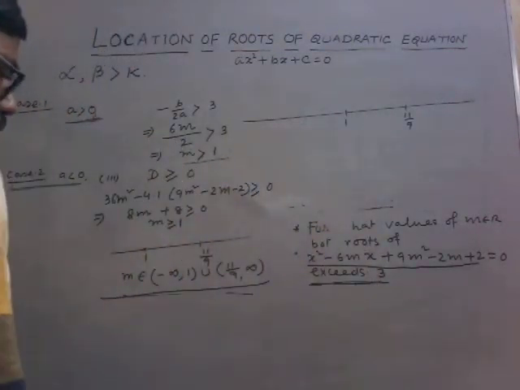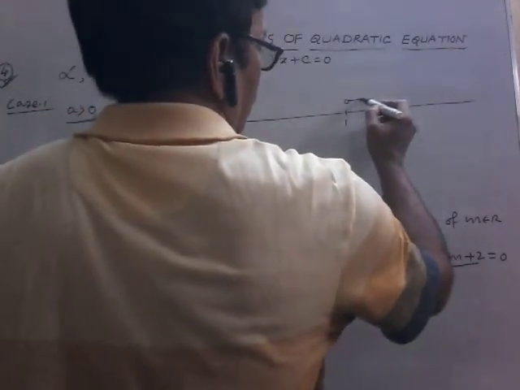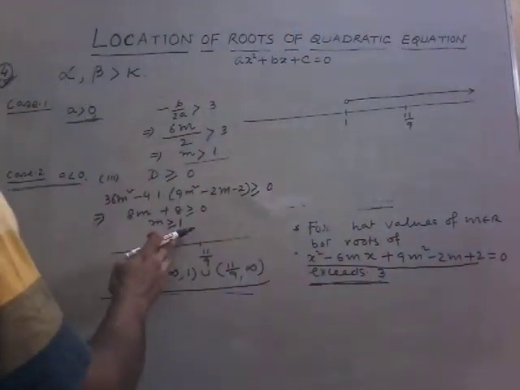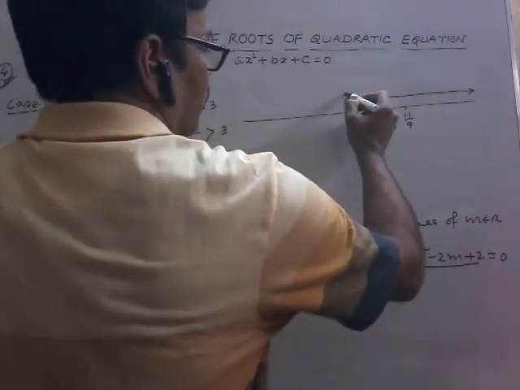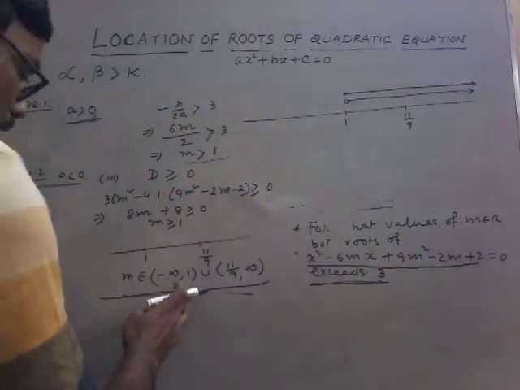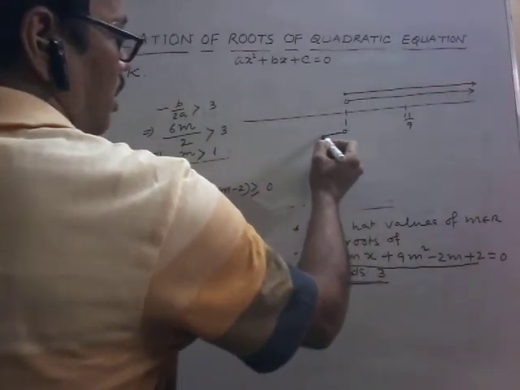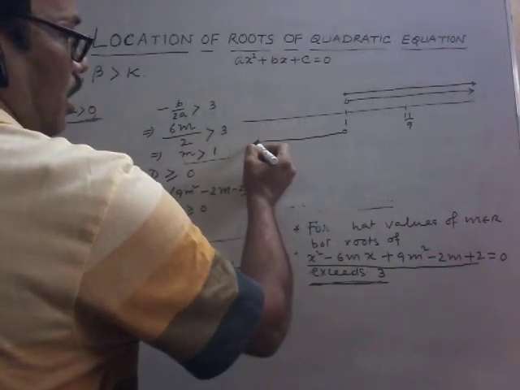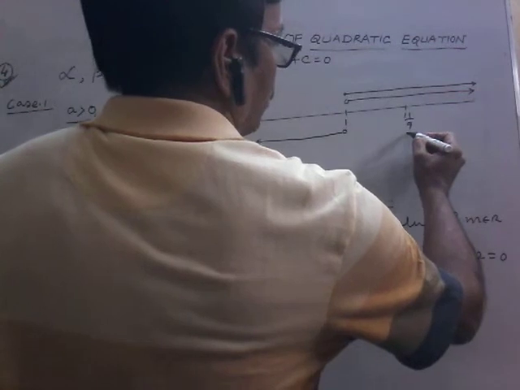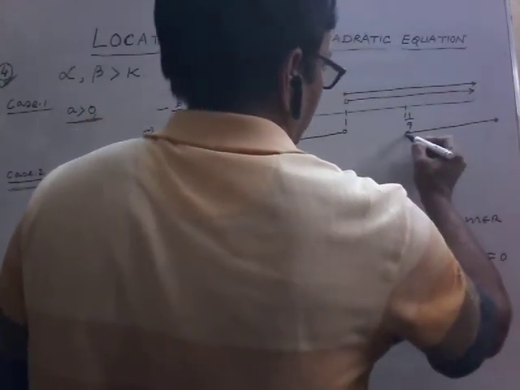So m greater than 1 is one case, m greater than or equal to 1 is also one case, and the third case is minus infinity to 1 and 11 by 9 to infinity.